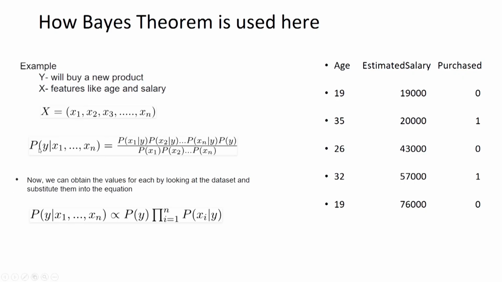Now, we have seen that when we are calculating probability of y is equal to 0 given x1, x2 up to xn, the right hand side is this. When we write probability of y is equal to 1 given x1, x2 up to xn, the right hand side will be probability of x1 given y is equal to 1, probability of x2 given y is equal to 1 up to probability of xn given y is equal to 1. It is better if I write it here.